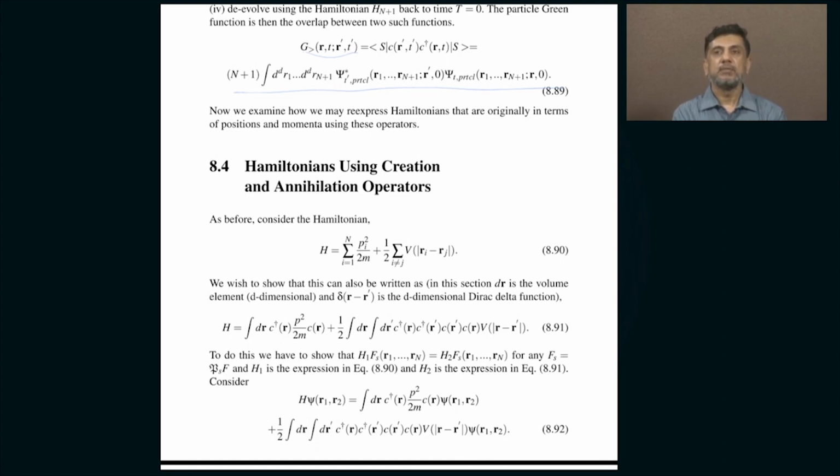One very obvious important use is that if you rewrite the Hamiltonian of the system in terms of creation and annihilation operators rather than working with position and momentum, you would clearly be able to read off the eigenvalues of the Hamiltonian. So you would be able to read off the energy levels of the system just by staring at that Hamiltonian written down in terms of creation and annihilation operators.